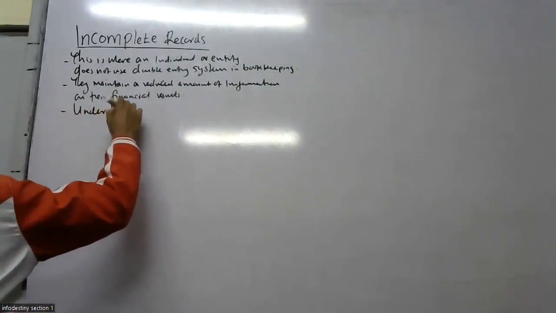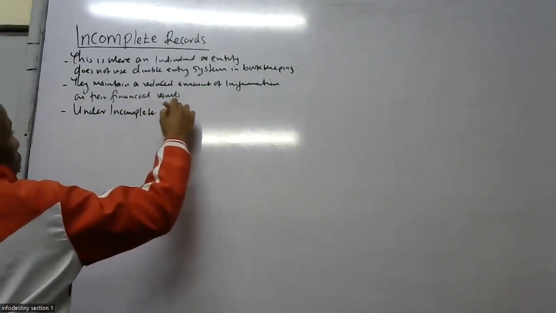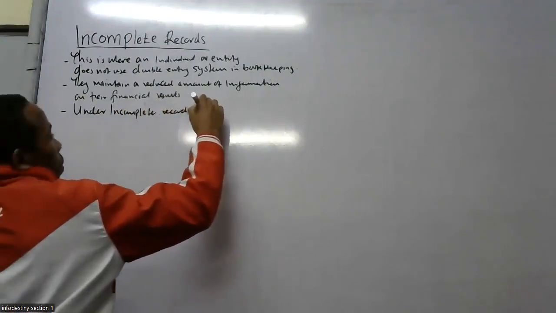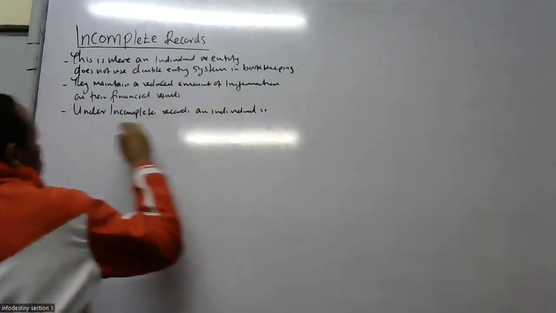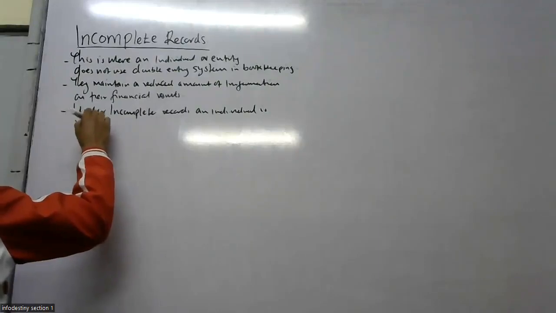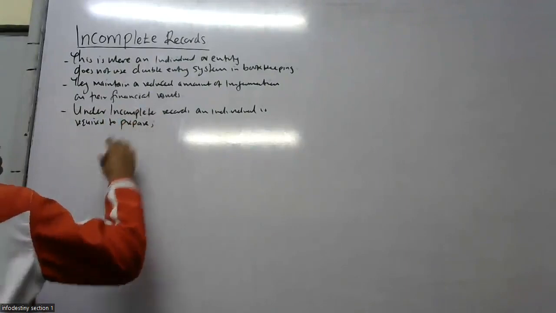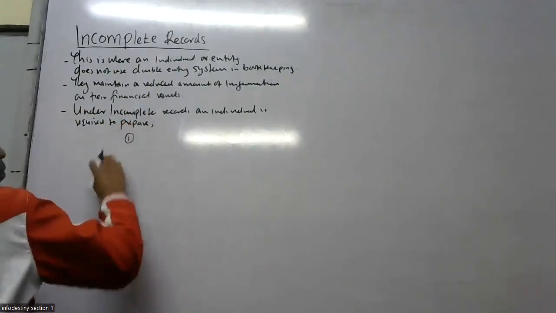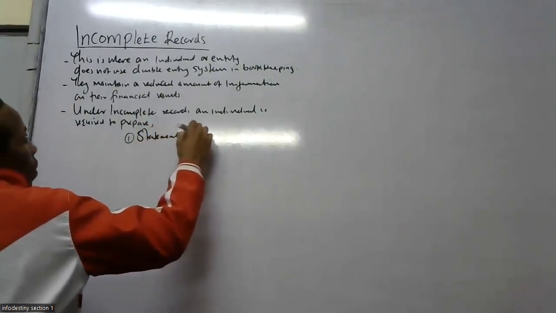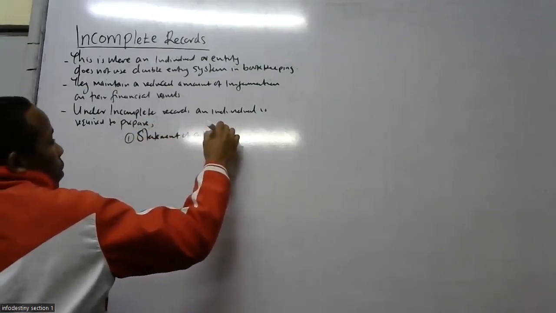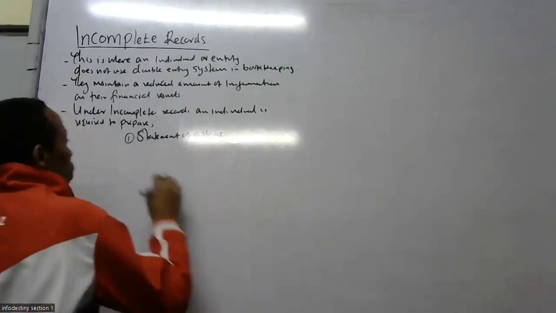Then you can write another point and say that under incomplete records, an individual is required to prepare, one, a statement of affairs. A statement of affairs is used to determine the capital.